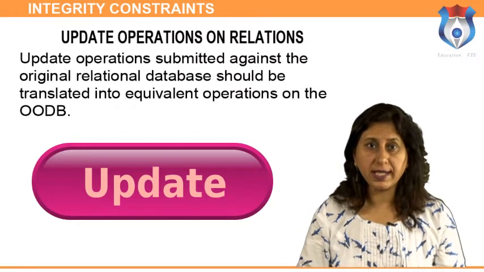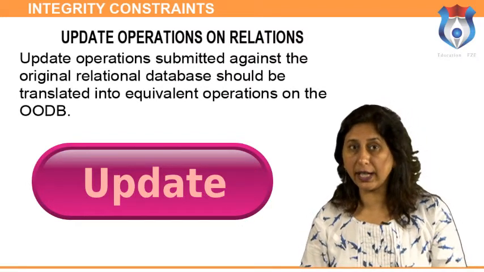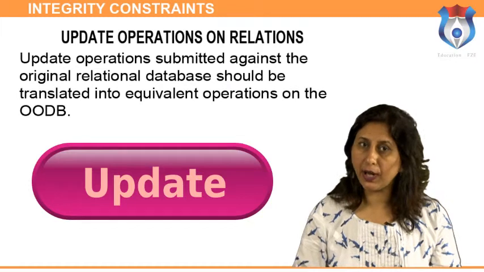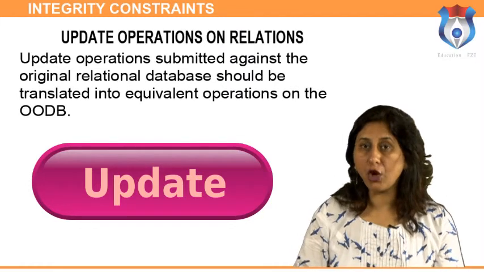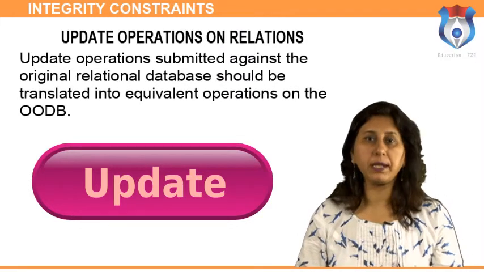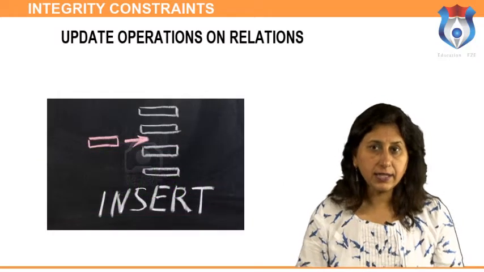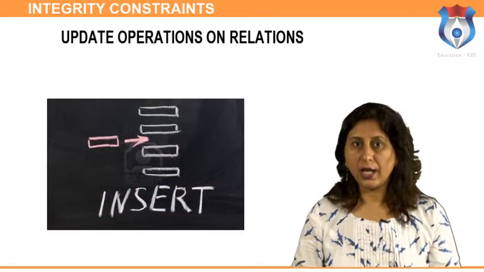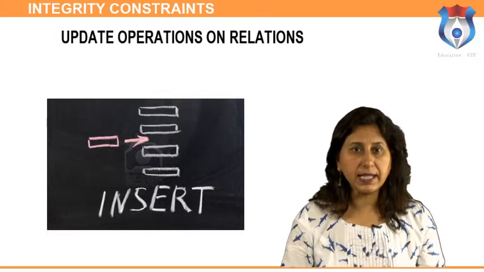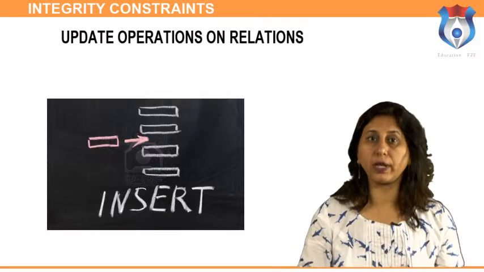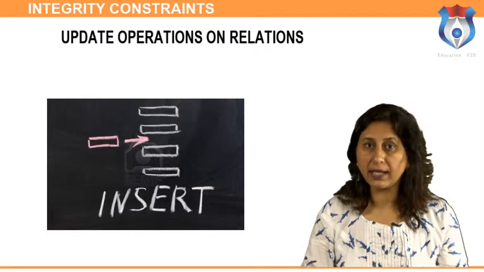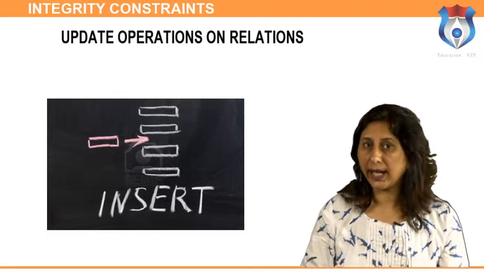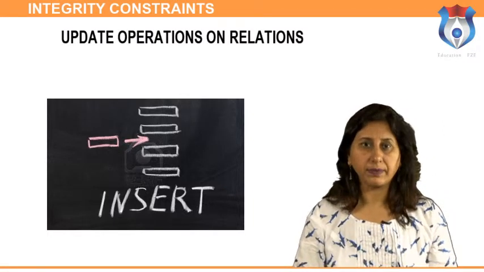Update operations submitted against the original relational database should be translated into equivalent operations on the OODB: insert, update searched, delete searched. Translating a relational update statement consists of locating the objects to be manipulated, except insert, and checking the integrity constraint.